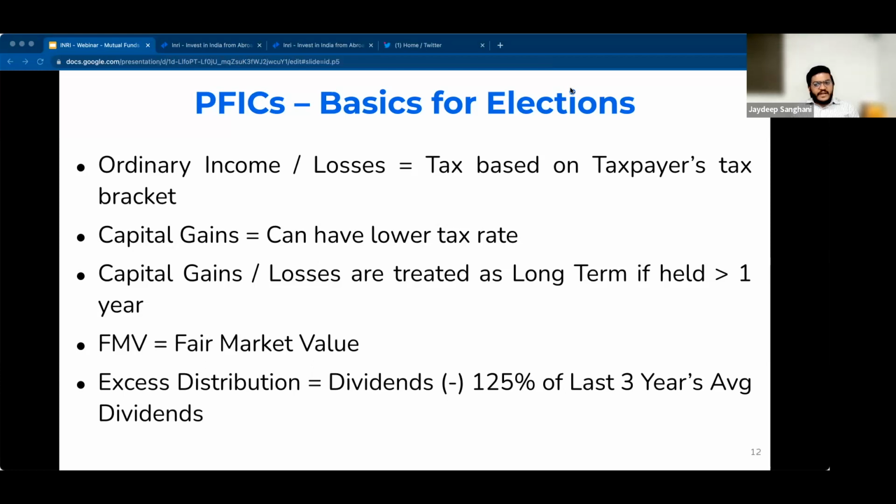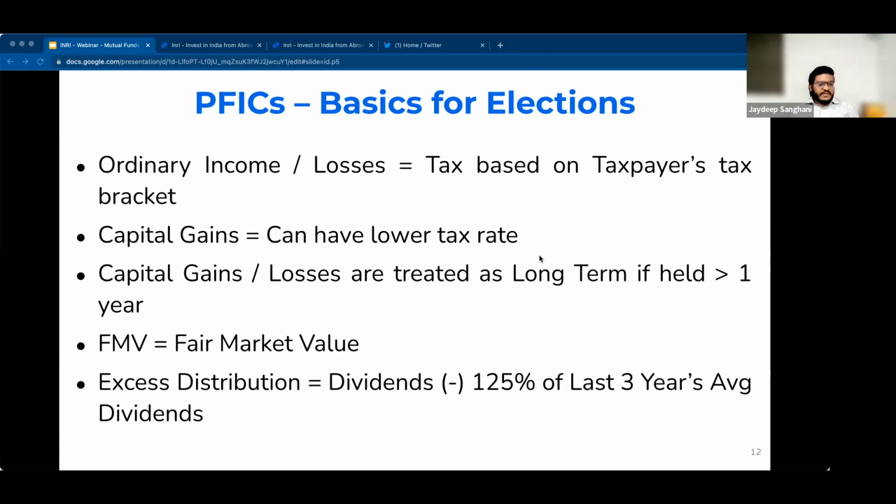Second is capital gains. Capital gains in the US have a lower tax rate than the tax bracket. So there is a 0%, 15%, 20% rate, which is available based on your taxable income. Capital gains or losses are treated as long-term gains or losses if they are held for more than 1 year.